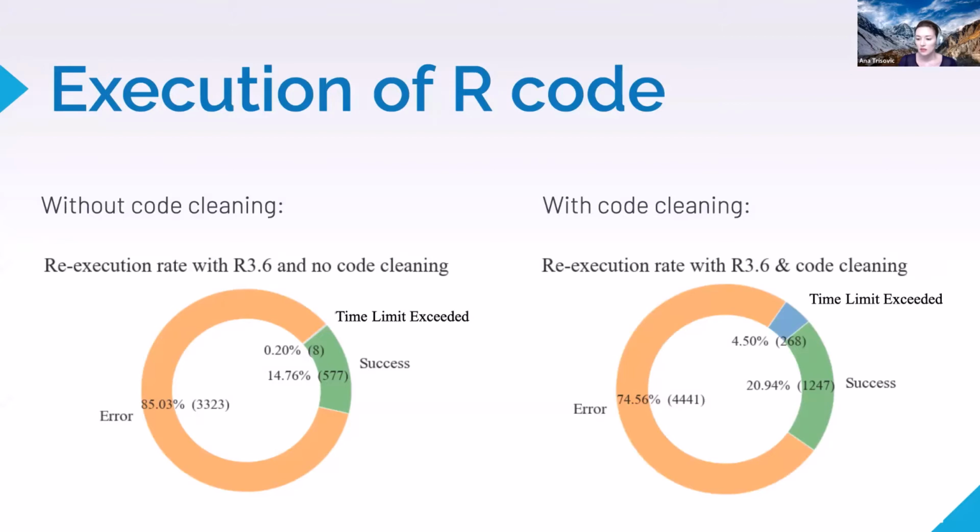So we see that these files either successfully re-executed or there is a time limit exceeded. Each file is given 1 hour to run. If it successfully runs within 1 hour, then it's a success. If it crashes, then it will immediately notice the crash. And time limit exceeded is if it actually needs more time to run over this 1 hour limit.